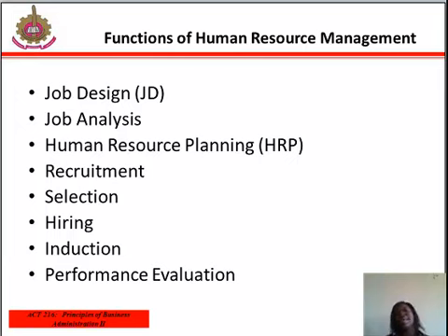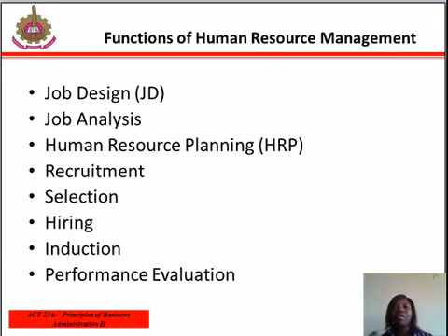Job analysis includes the systematic analysis of the job and the characteristics of the desired job holders. The information collected through a job analysis is of two forms. We have the job description, which describes the jobs, the tasks of that job, the responsibility of that job, and the service condition of that job.